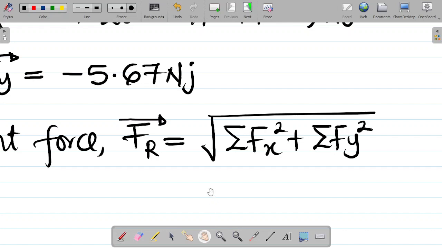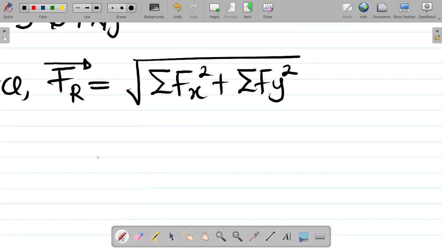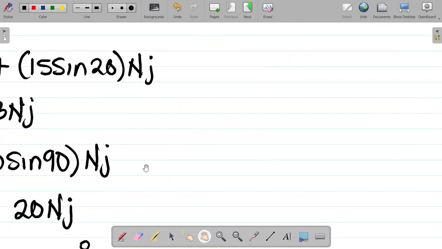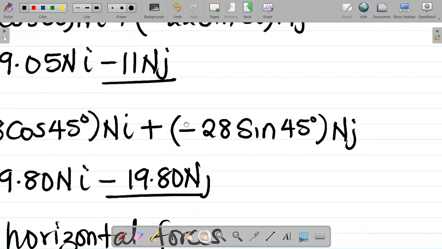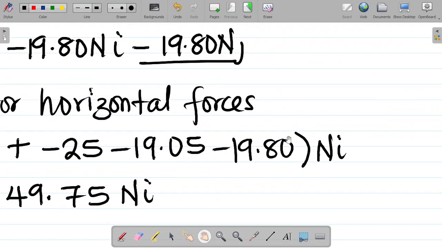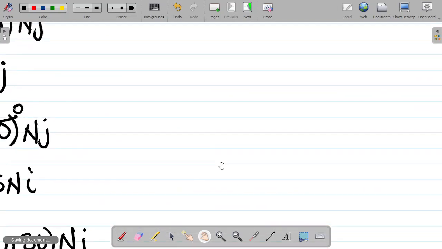Note that this is the formula to calculate the resultant force. What's the value of sigma Fx? The value there is minus 49.75.